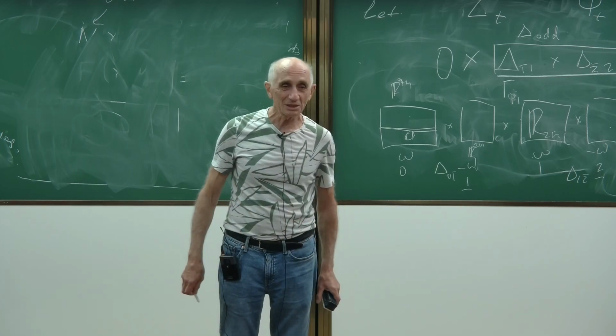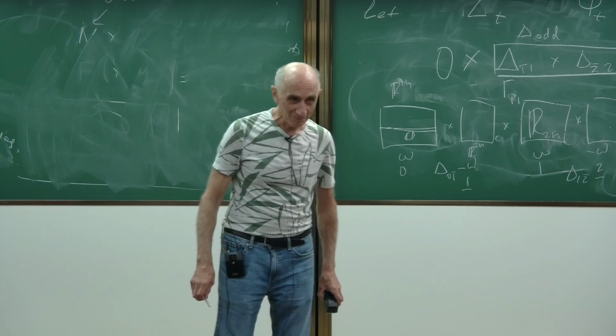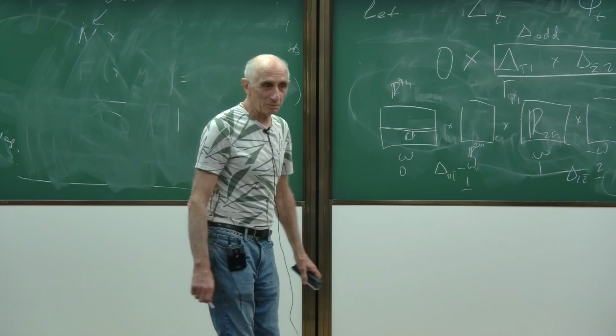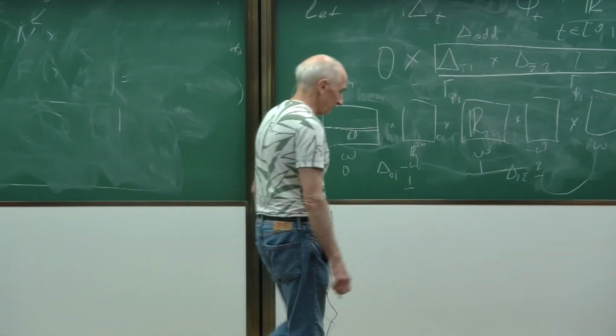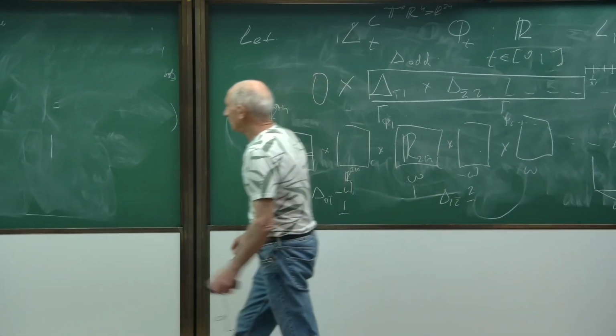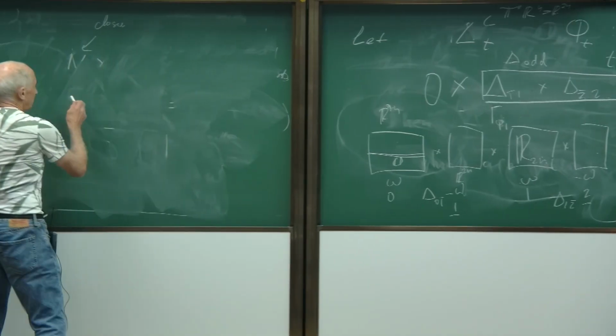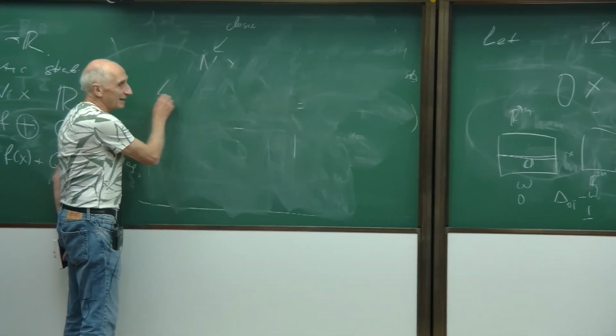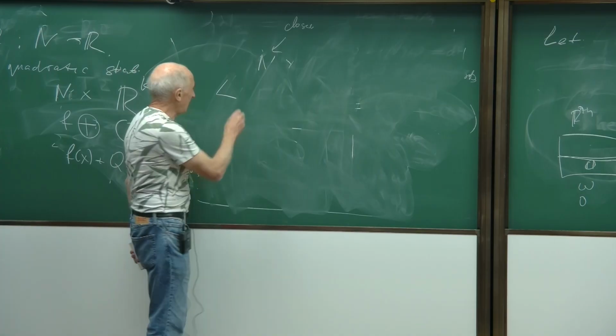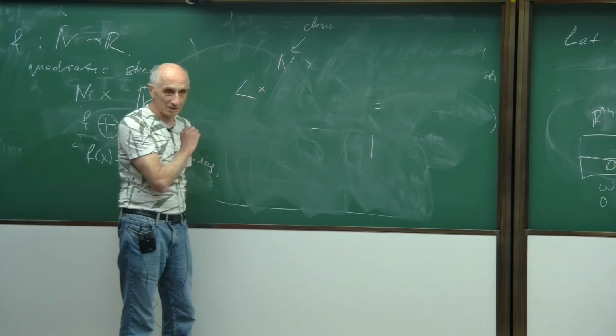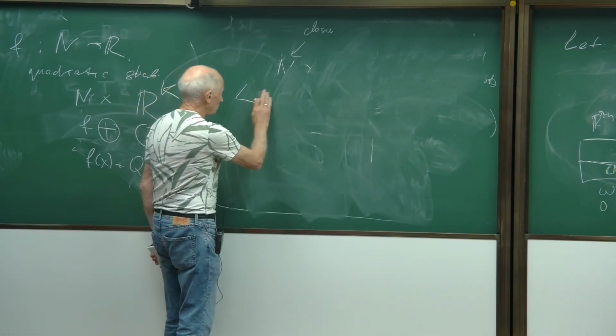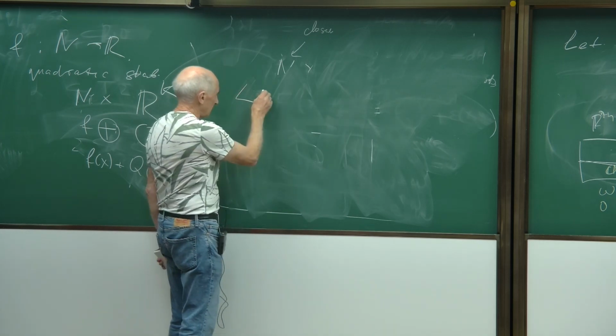So what is this coisotropic thing? It is the following. You take a Lagrangian times a Lagrangian.